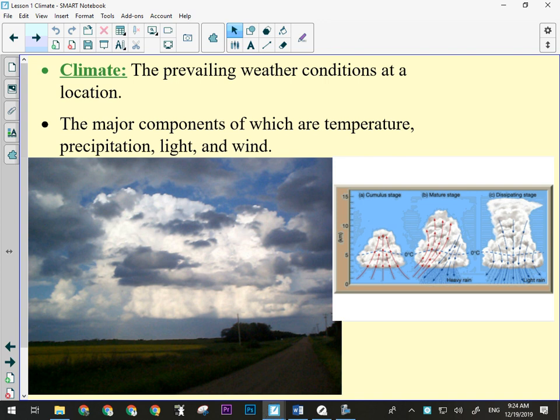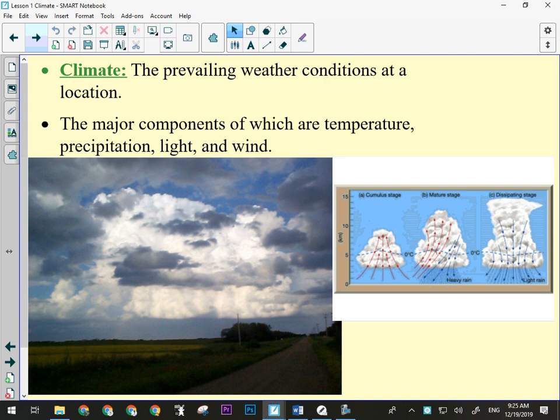It is typically dry here, with the bulk of our precipitation coming in the late spring and early summer. Okay, and then obviously we have very cold winters and quite hot summers. Okay, but wind, we could actually use the averages, typically out of the southwest, somewhere around 15 to 20 kilometers an hour. Okay, that would be a good description of what the climate of Okotoks is like. Okay, it's much more accurate.